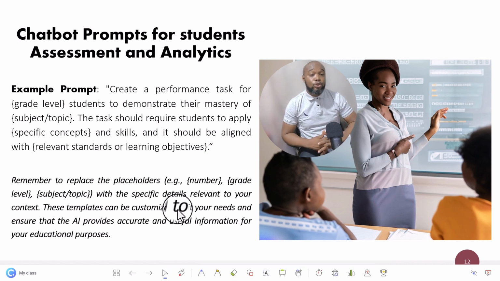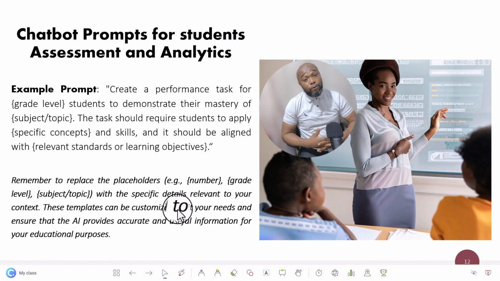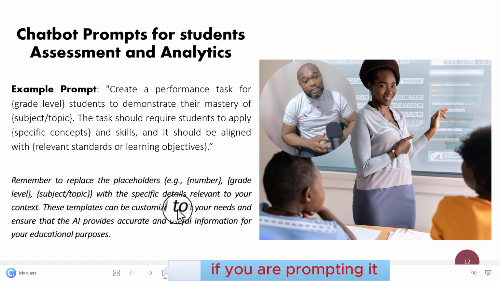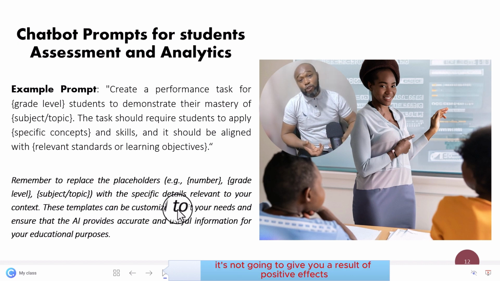Like I told you, the way you prompt it is going to be the way it responds. Now, one thing you should note is what we call framing effects, right? The framing effect happens if you are prompting it by telling it, for example, the negative effects of something. It's not going to give you a result of positive effects.